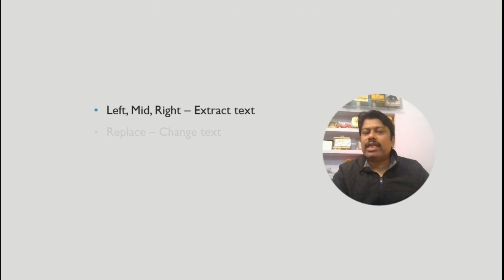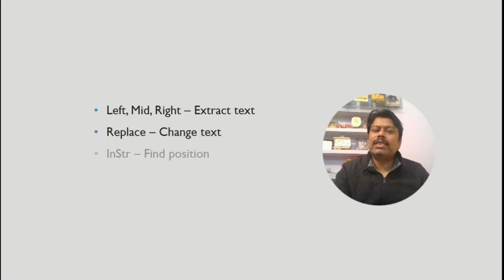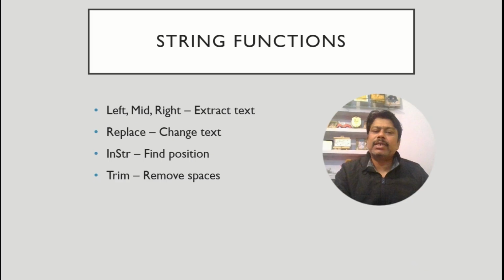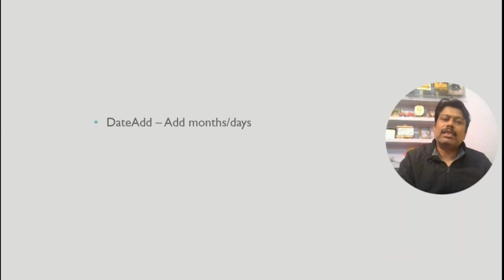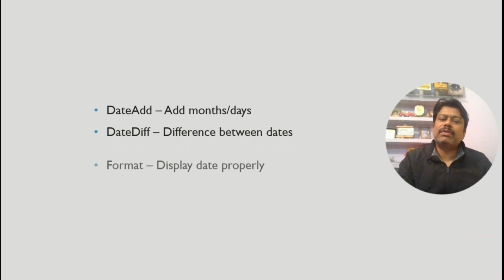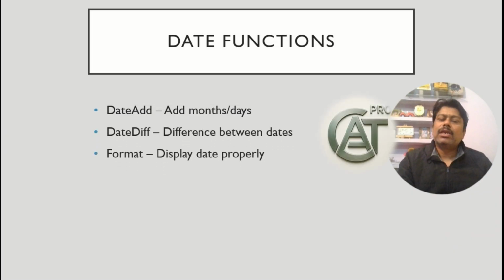Left, mid, right, extract text, replace, change in a string, find position in a string, remove spaces, these are the string functions. Once again, the date functions: add, month, difference, display format.